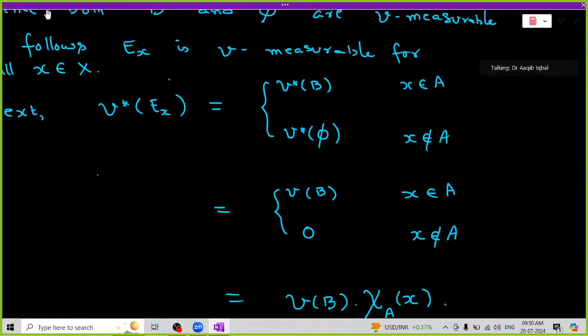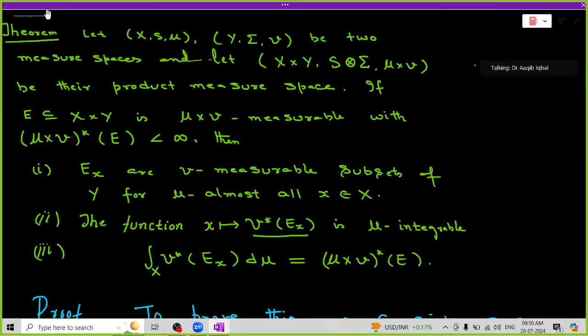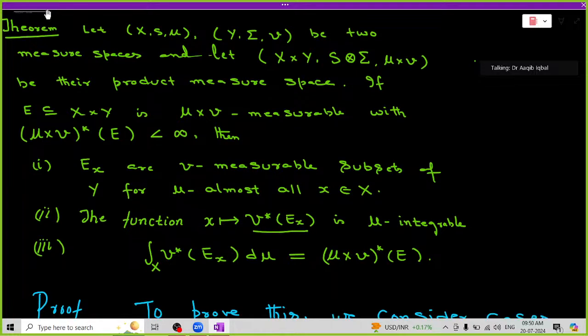So again we have proved the first part of the conclusion in this case. E sub x's are nu measurable.